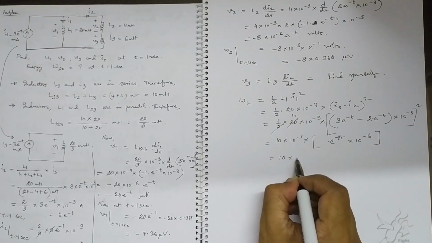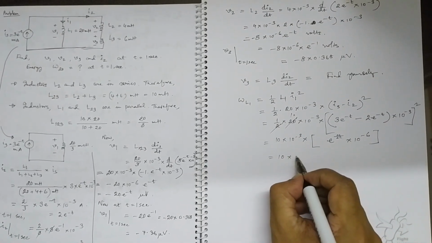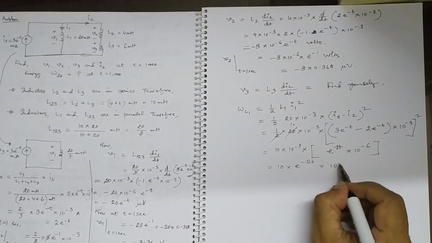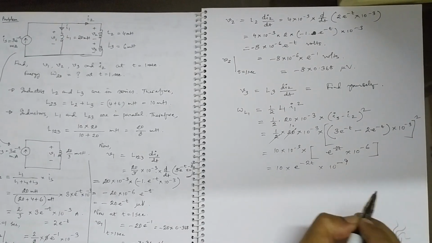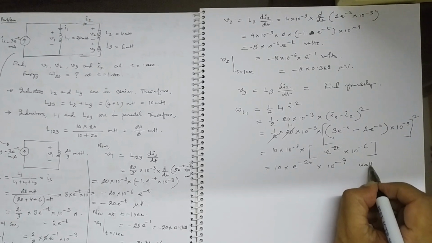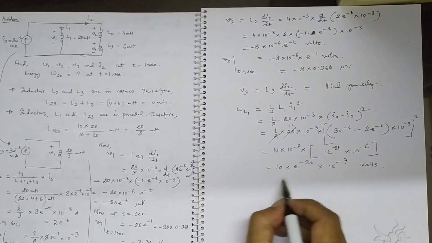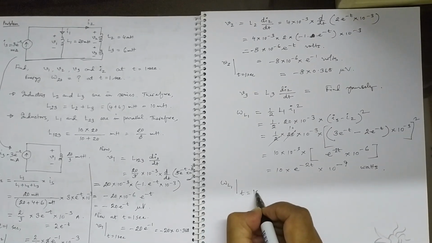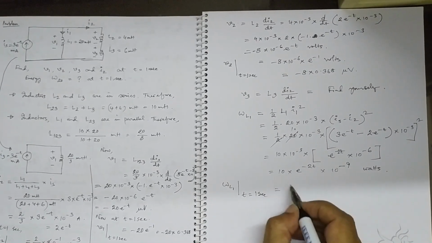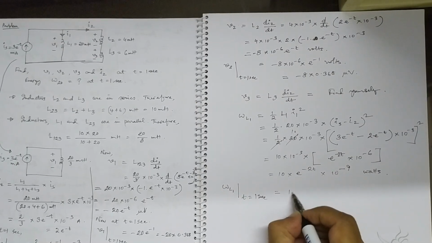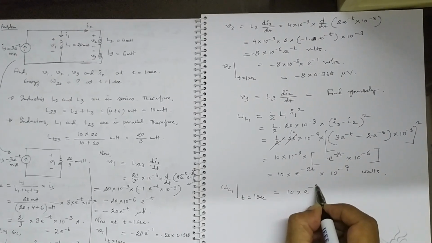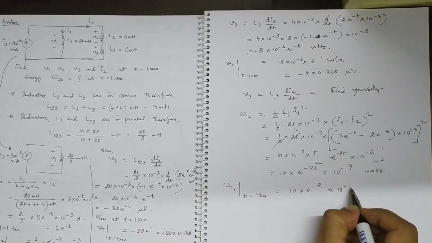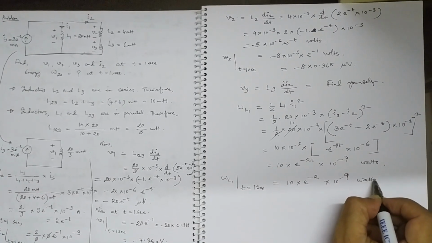Now 10 into e to the power minus twice t into 10 to the power minus 9 joules. So now WL1 at t equal to 1 second can be found like this: 10 into e to the power minus 2 into 10 to the power minus 9.